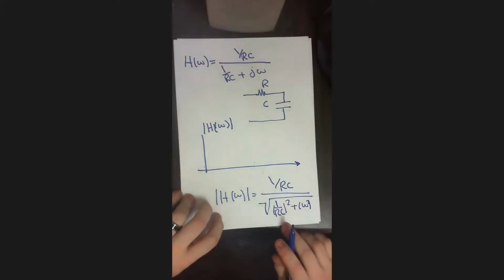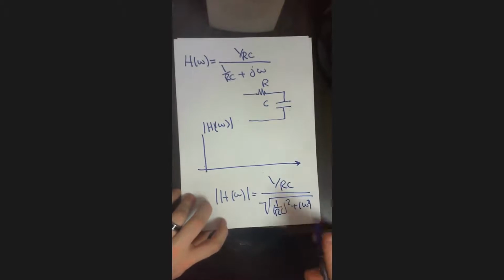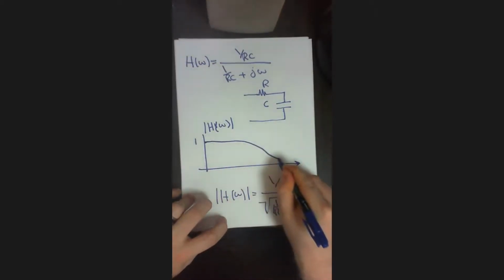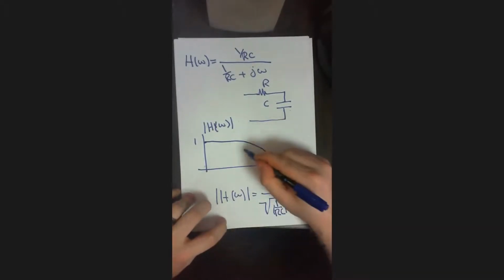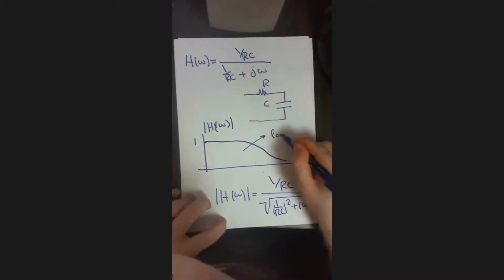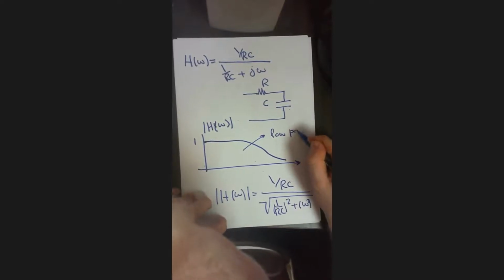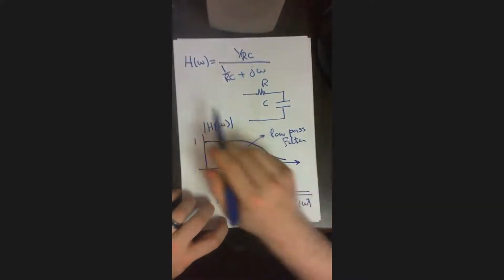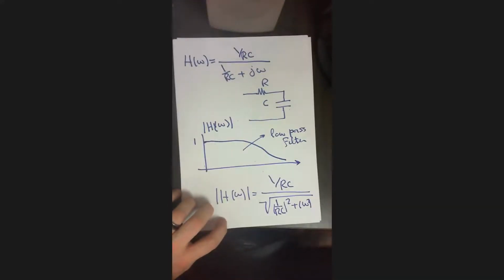For omega equal to 0, we have an output equal to 1, and then we have something like that, and we call this a low pass filter. So this is simply the h of omega we have now. This represents the frequency response of our system, which is a low pass filter.